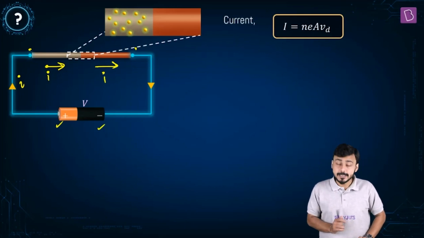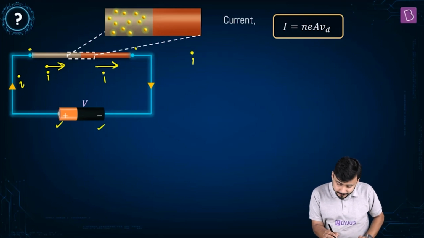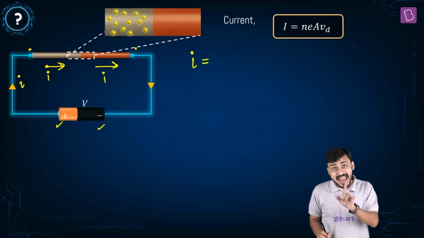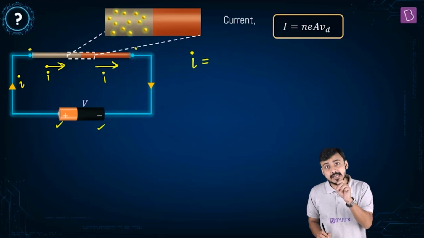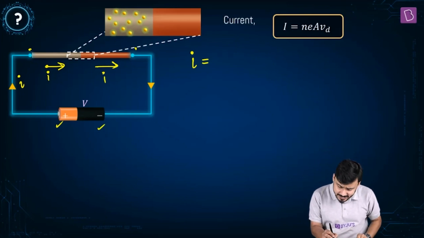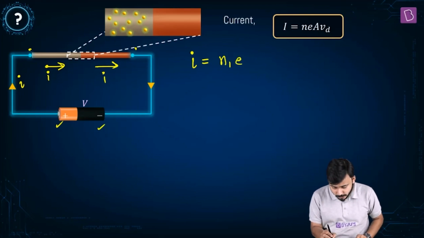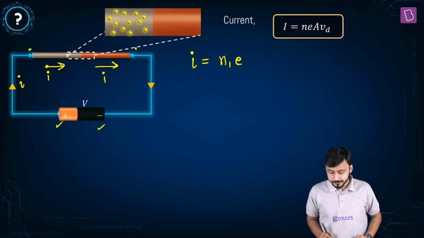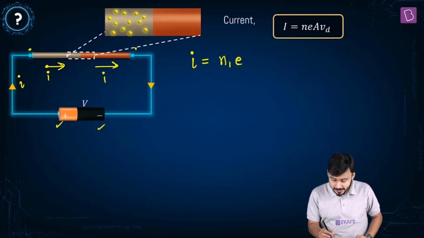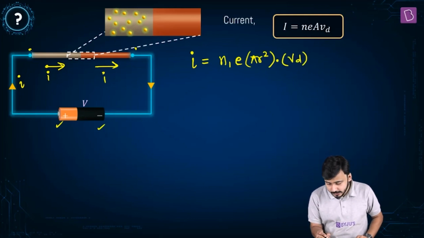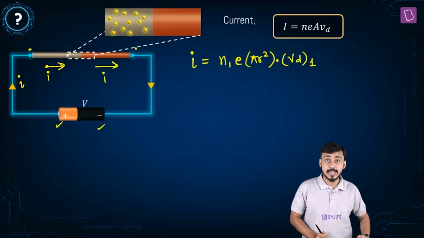So for the first wire, the current I will be N, where N is the charge density, electron density, number of electrons per unit volume. That is, let's say N1. N1 into electronic charge e, correct? Multiplied by cross-sectional area, that will be pi r square because r is the radius of cross-section, correct?